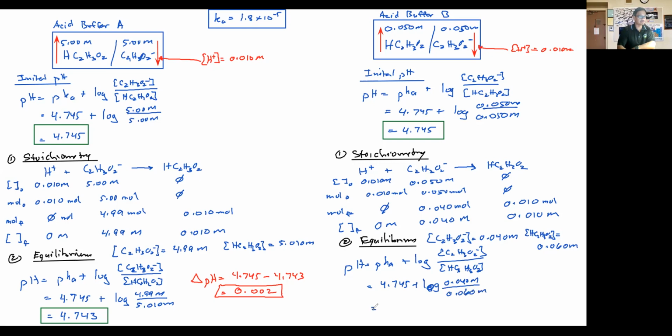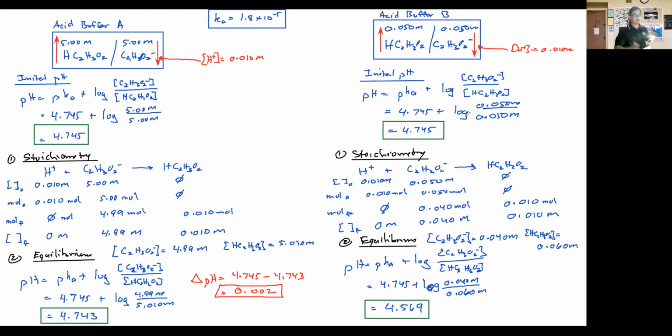Okay, and so if you do the math there, we get a pH that is going to be 4.569. That's the new pH that we'll have at equilibrium after we finish adding in that 0.01 molar solution of hydrochloric acid to this acid buffer B.